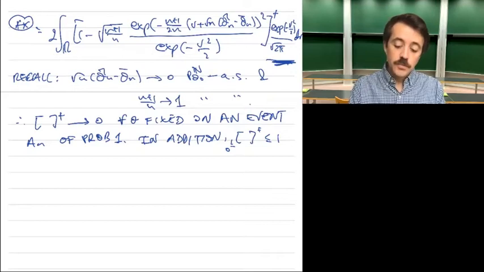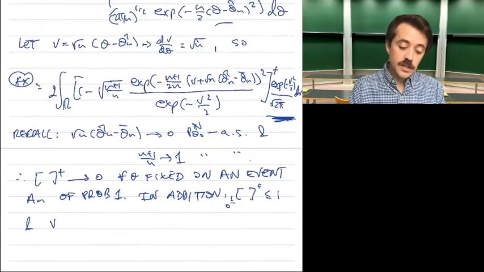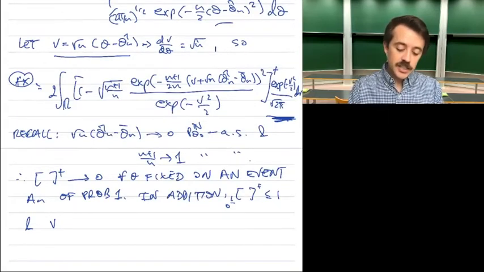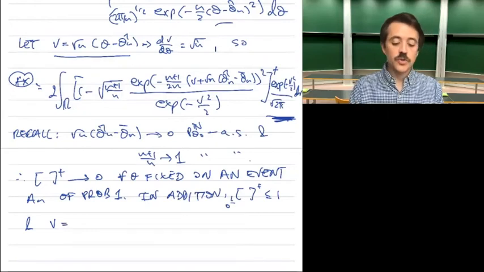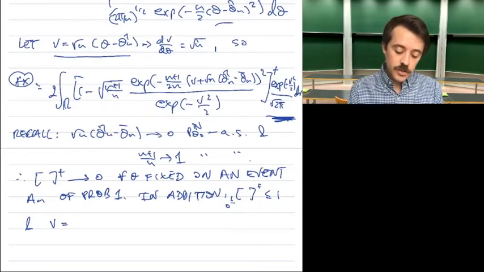So in addition, this happens, and we also have that V. V, I remind you, is this guy here. Then V is actually converging to a normal distribution. Remember, this is the MLE, and so this is actually O_P(theta naught) and bounded.